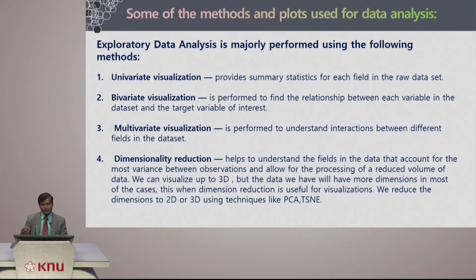And as the word multivariate suggests, we have to understand the interaction between different fields of the data set, which may have different variables. And finally, as the word dimensionality reduction suggests, we are aiming at reducing the dimensions. It helps us to understand the fields in the data that account for most of the variance between observations and allows for pre-processing of reduced volume of data. So we are talking about reducing the volume of data.